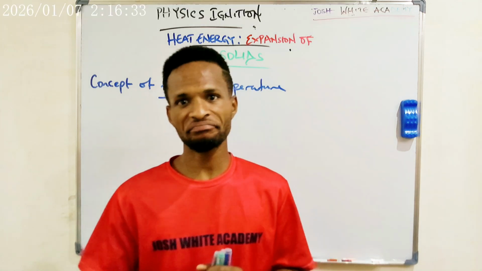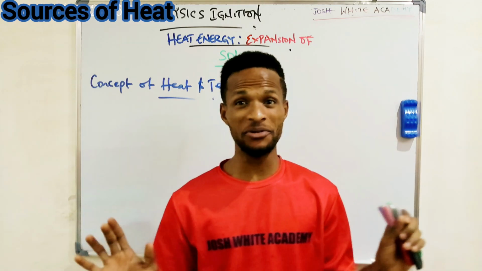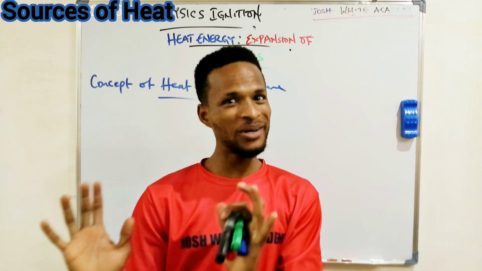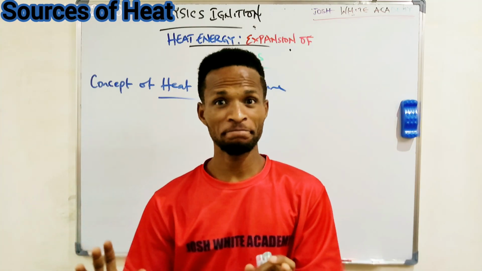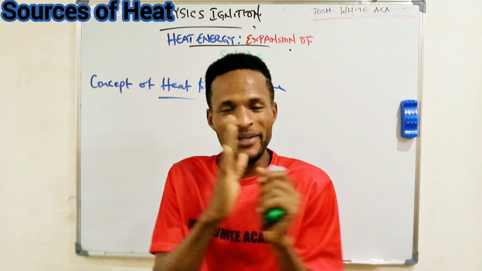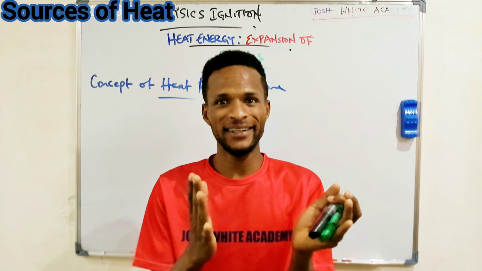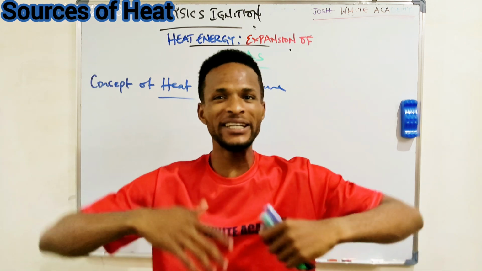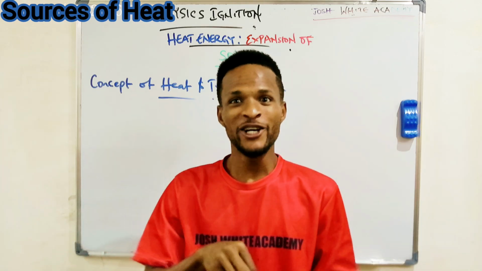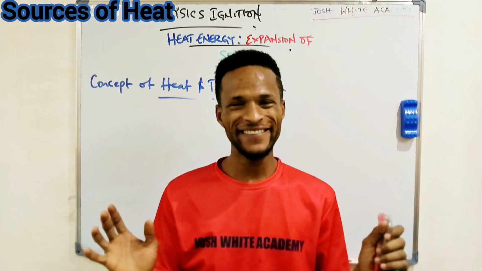Now you see, heat can be produced via different sources. For instance, the heat from the sun, solar heat. The heat by rubbing two surfaces together, like your palm, by friction. That's the heat by friction. Or the heat even through chemical reactions, like for instance introducing sulfuric acid, that's tetraoxosulfuric acid, into water.